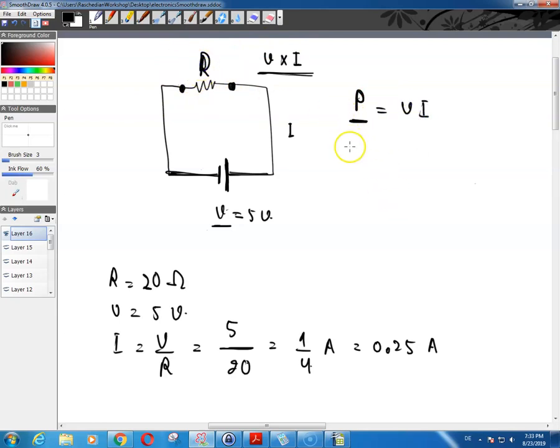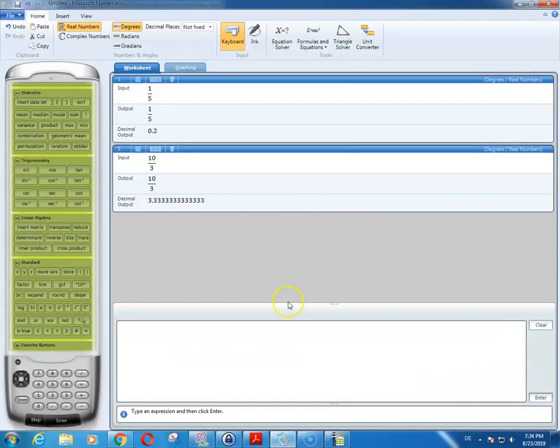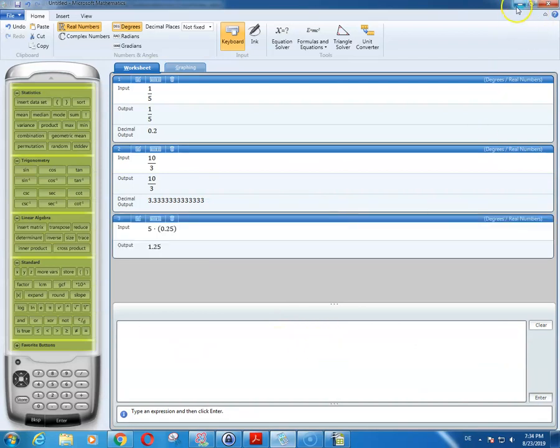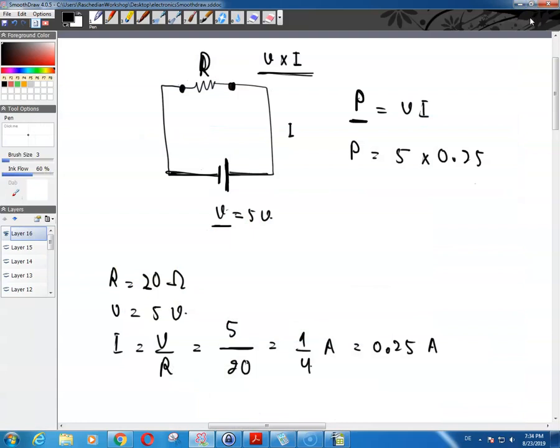So now P over here would be basically V, which is 5 volts, times the current going through the resistor, which is 0.25 amps. Now 5 times 0.25 is equal to 1.25 watts.